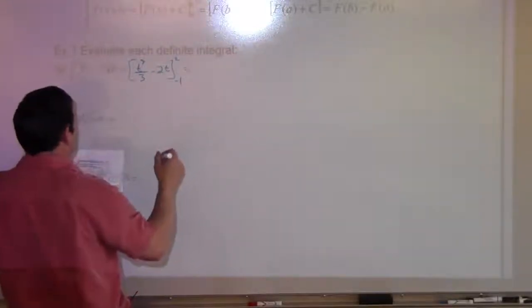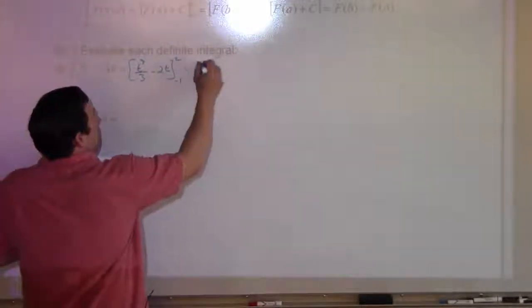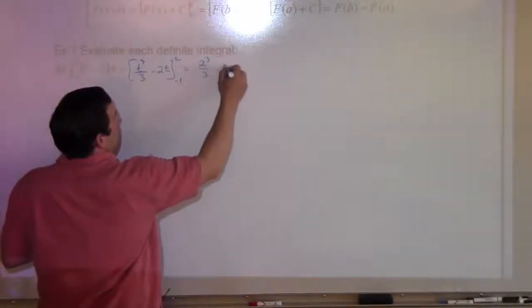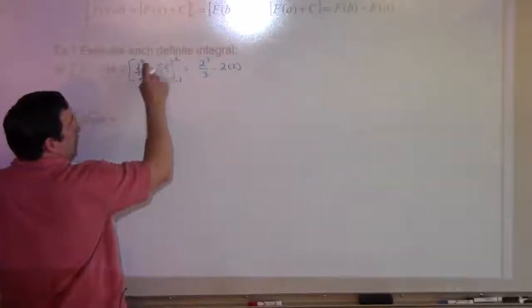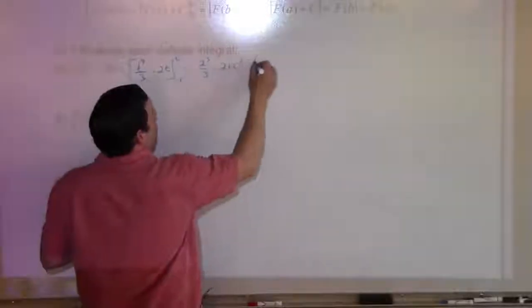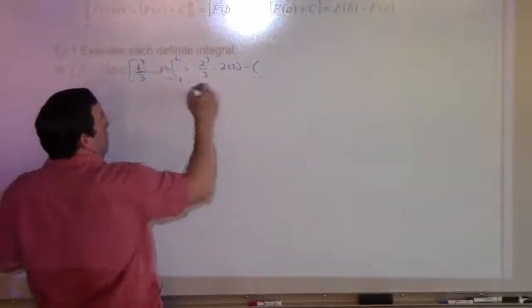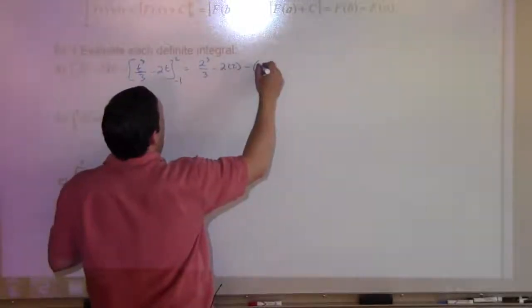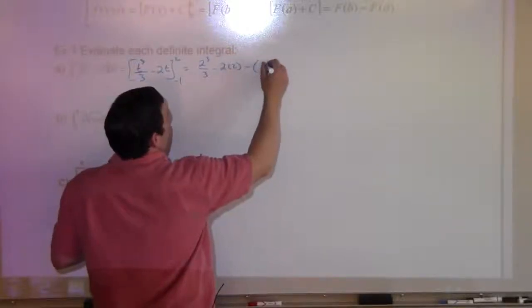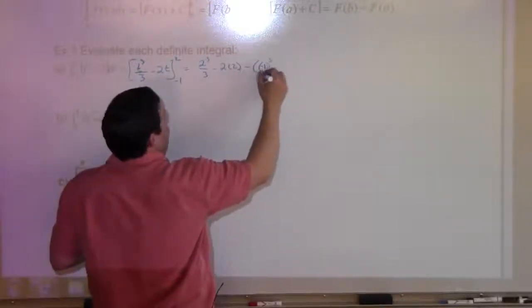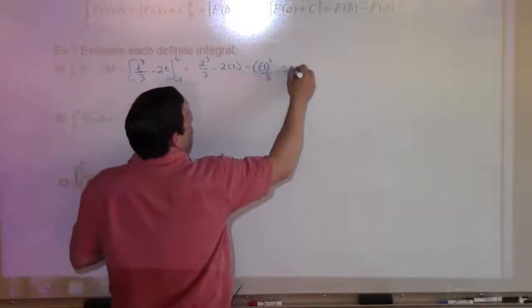That's going to be 2 cubed over 3 minus 2 times 2, so I put the 2 in place of the t's, minus, I'm going to put negative 1 in place of the t's. Negative 1 cubed over 3 minus 2 times negative 1.